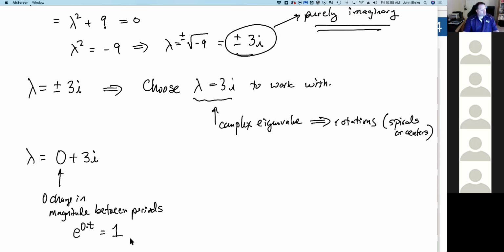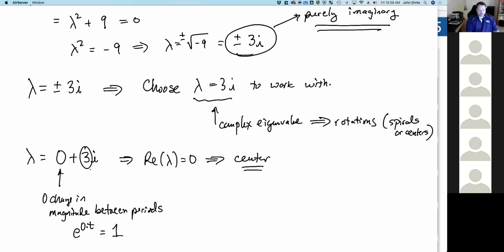So the scalar multiple of my complex solution is going to be 1. It's not going to change over time. So whatever it does for the first 2 pi seconds, it'll do for every multiple of 2 pi seconds from then on, because there's nothing to change the magnitude of the vector over time, because the real part of lambda was 0. So if the real part of your eigenvalue is 0 and you have a complex eigenvalue, you automatically know the behavior is going to be a center.